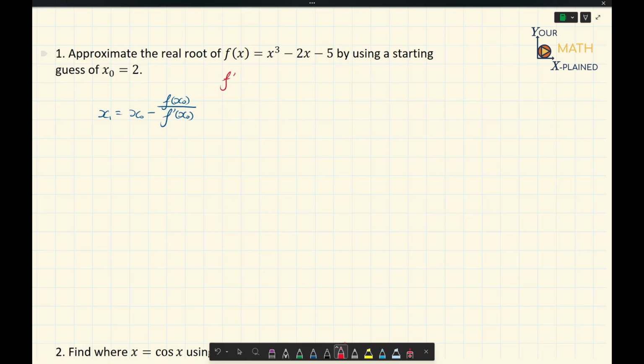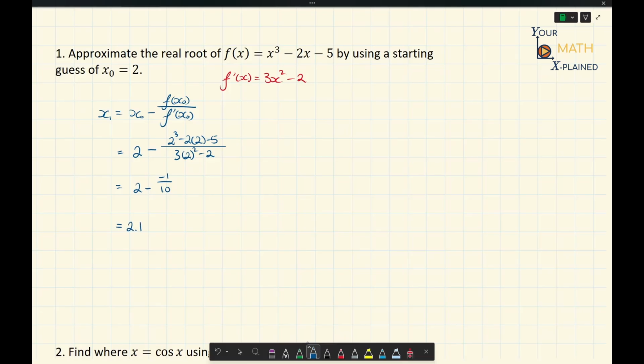So here our f prime of x is going to be equal to 3x squared minus 2. So therefore x1 is going to be equal to 2 minus 2 cubed minus 2 times 2 minus 5 over 3 times 2 squared minus 2. And this is equal to 2 minus negative 1 over 10. So this means our x1 is going to be equal to 2.1.